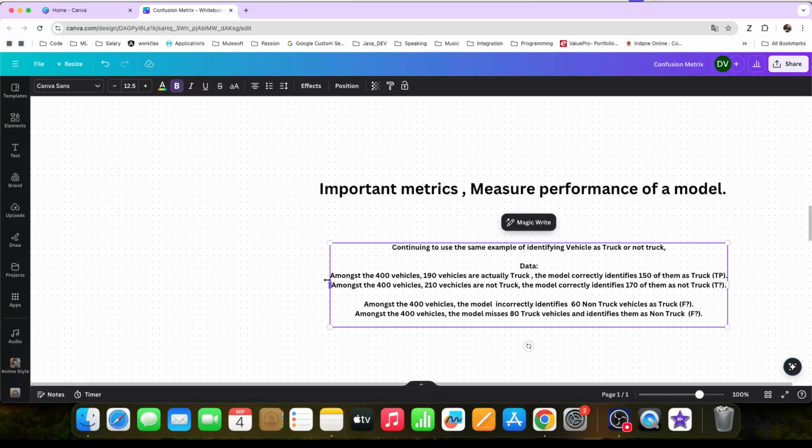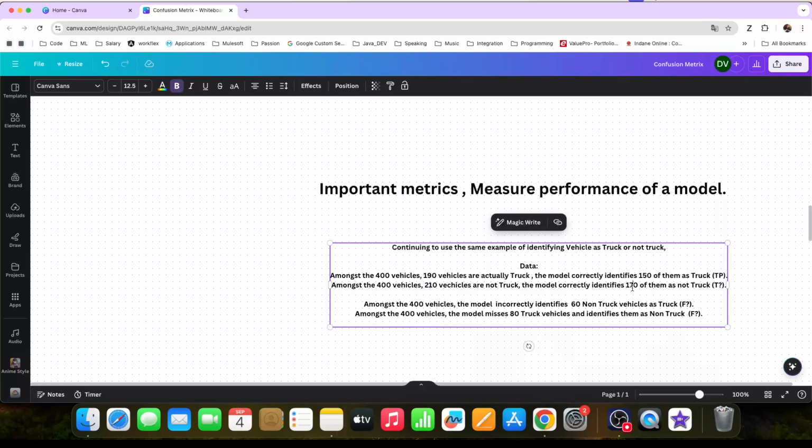Now let's go the reverse way. Out of 400 vehicles, 210 vehicles are not trucks. If I feed all those images, my model is only able to identify 170 images as not trucks, but actually there were 210.